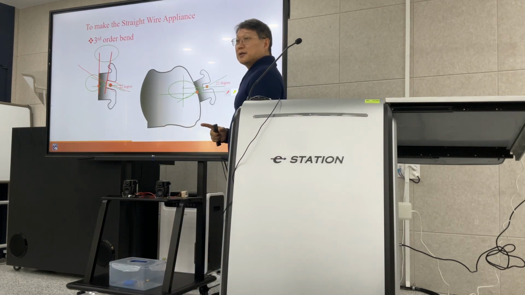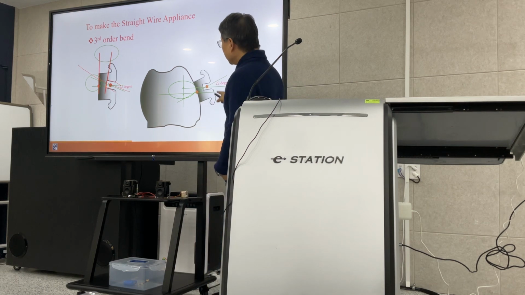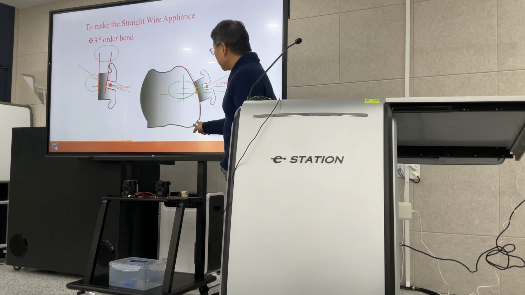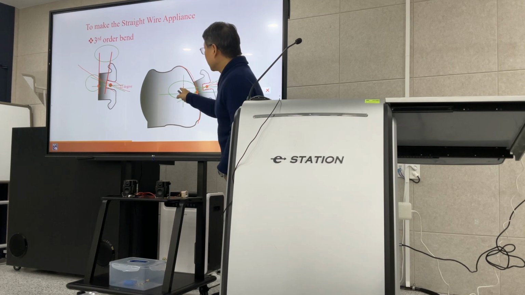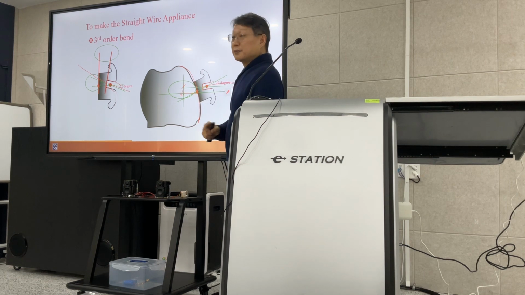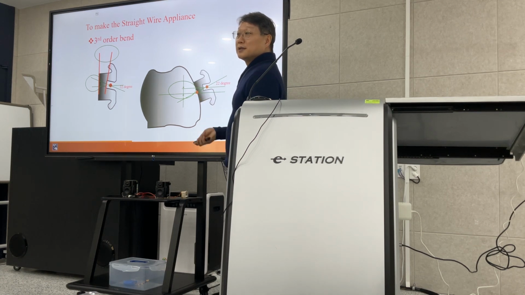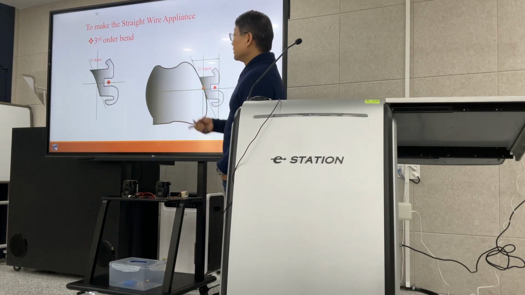That is a little bit of a problem. And another one, if we make the curve of the crown, the straight wire can work, but the height is a little bit of a problem. So how can we resolve this kind of problem? It's very easy. Three-dimensionally changing them.